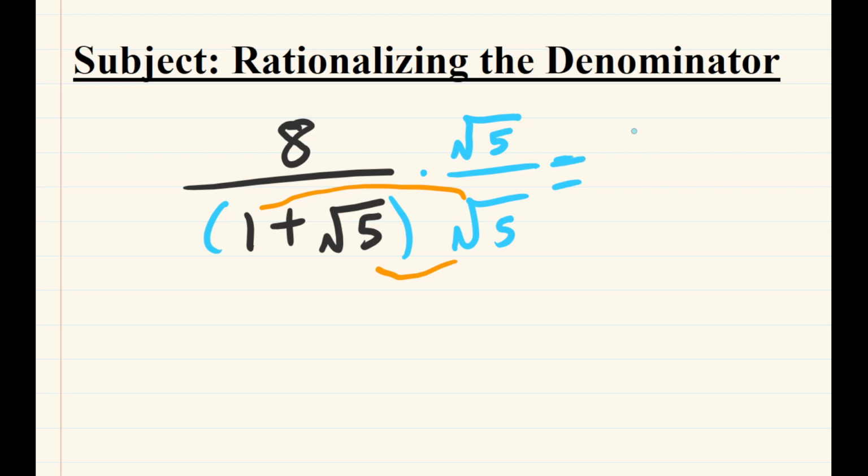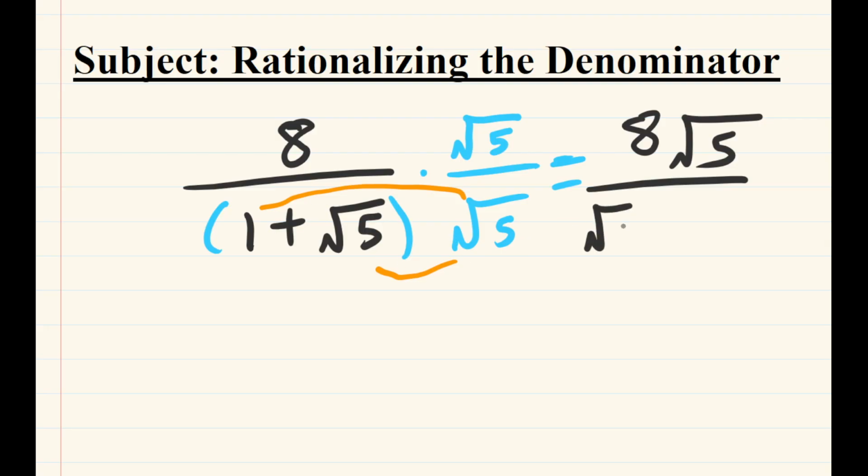And then this comes out to 8 radical 5 over radical 5 times 1, which is radical 5, and radical 5 times radical 5 is 5, so plus 5. And this doesn't quite solve our problem because there's still a radical in the denominator. We still have this radical 5. So that doesn't quite work.